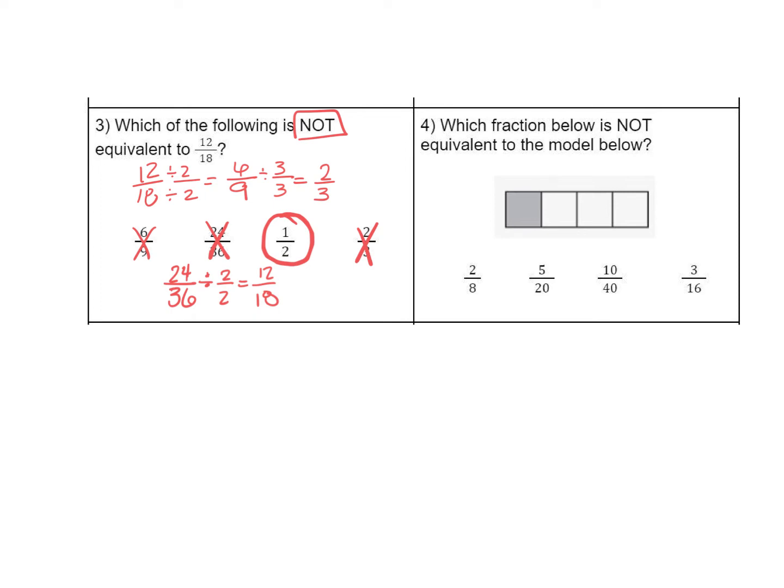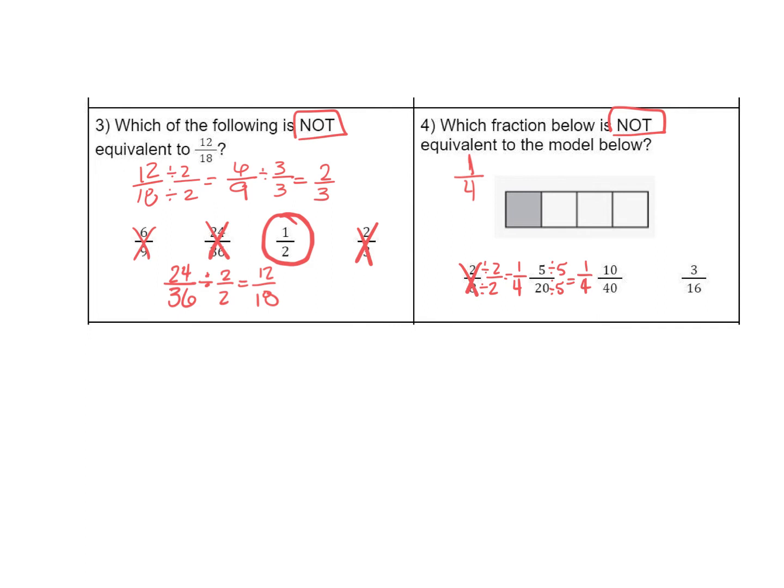Number 4, which fraction below is not equivalent to the model shown? Well, I need to figure out that this is 1/4. So I'm looking for things that are equivalent to 1/4. Okay? If I divide this by 2 and I divide this by 2, I'm going to get 1/4. 2/8 is equivalent to 1/4. Cross it off. 5 goes into 20, so if I divide by 5, I'm going to get 1/4.